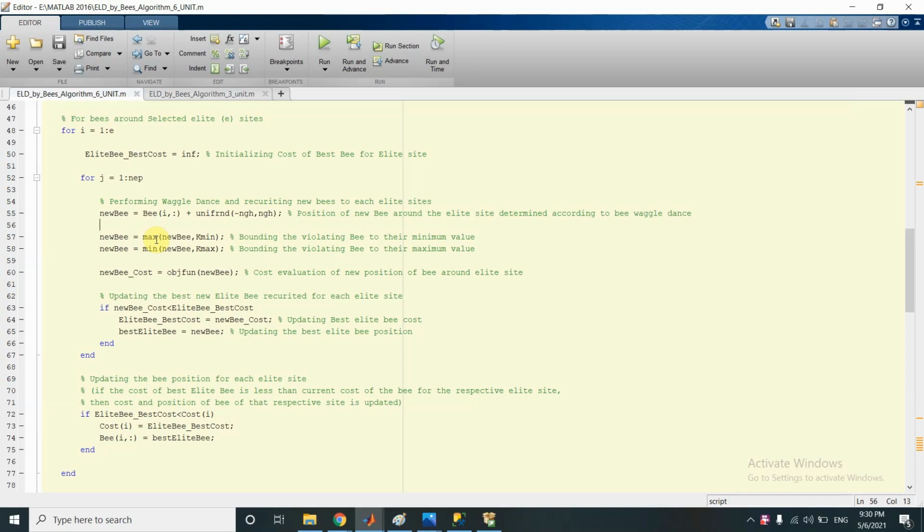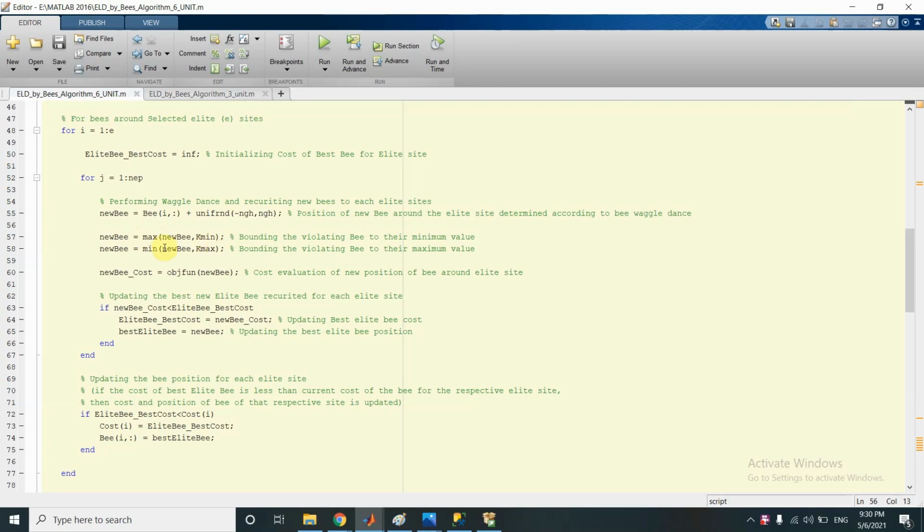For each dimension, we will have to check for the limit violation, and if limit violations do occur, then we will have to take the suitable action to force the limits. This is done in these two lines of our code.